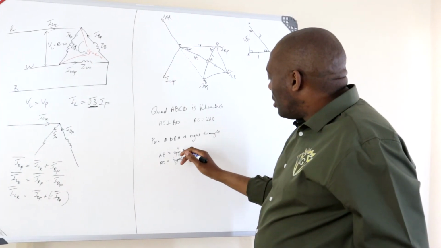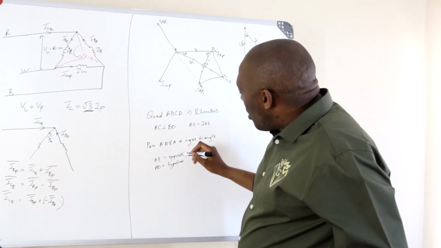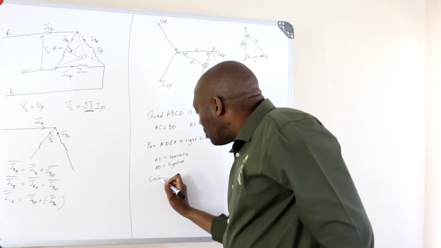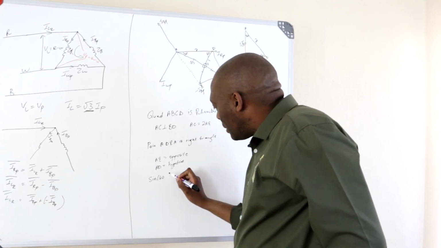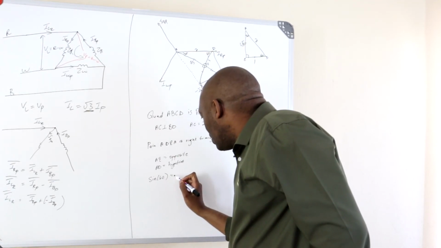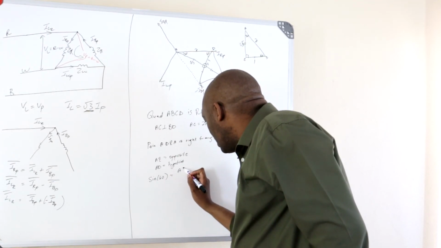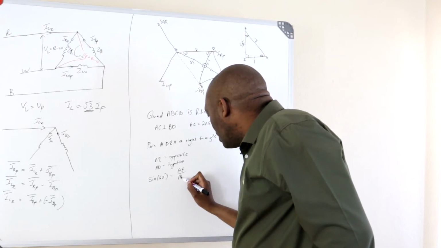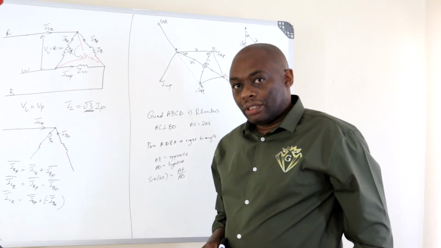So we know of this. Once we say opposite over the hypotenuse, then we are using sine, and we reference it to 60, which is what is opposite is your AE, and what is the hypotenuse is your AD.